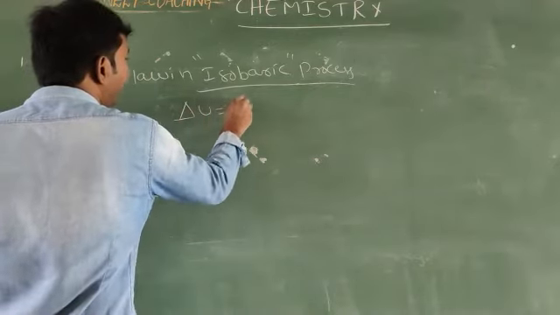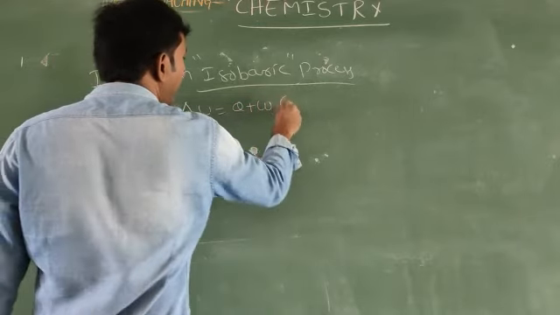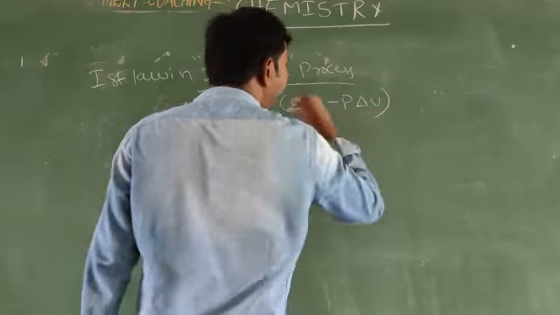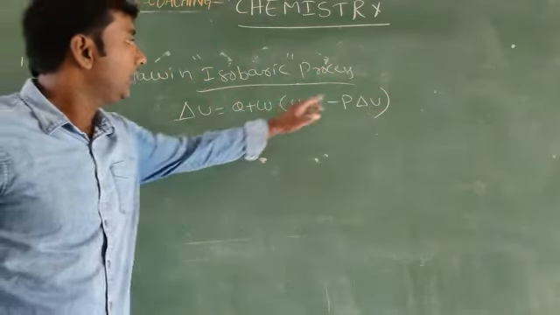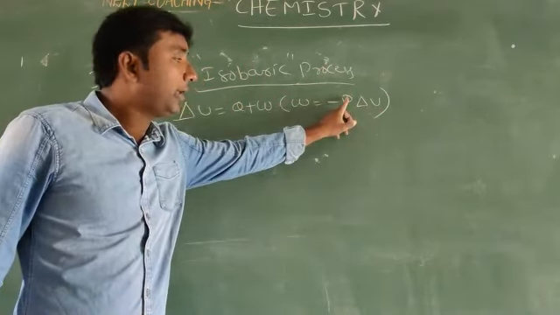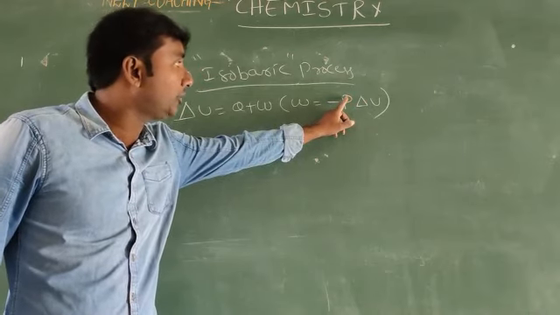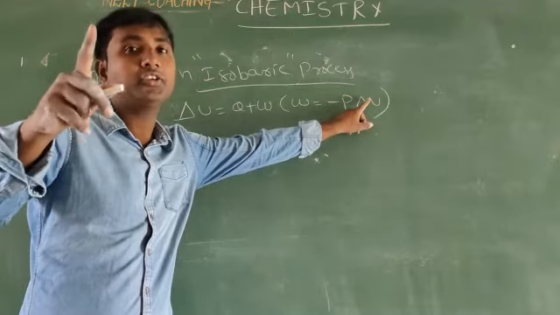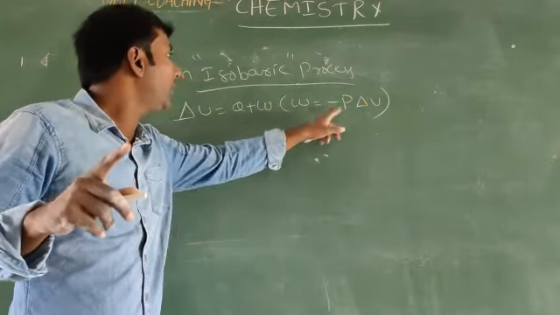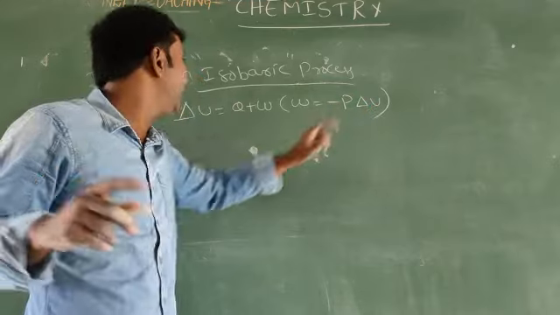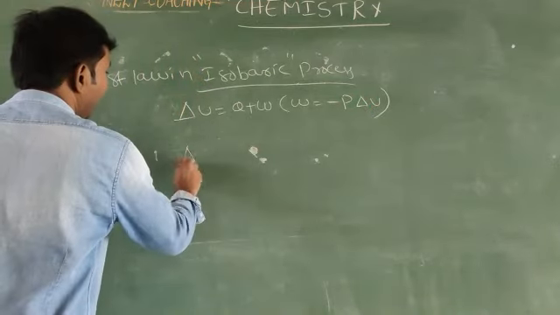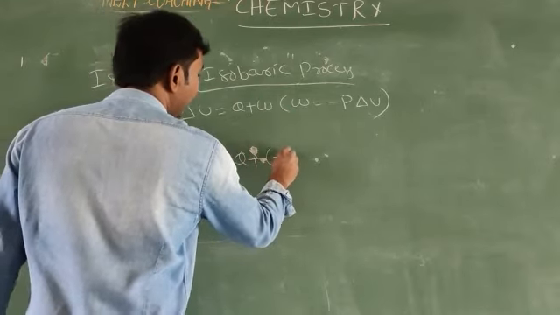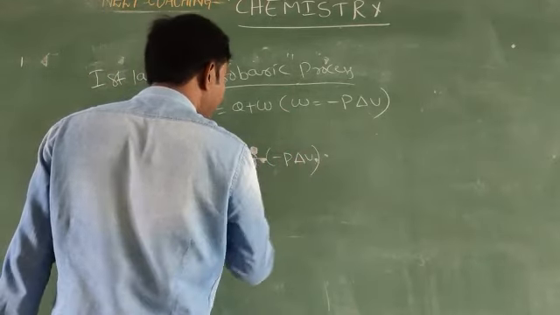Del U equals Q plus W. Here W equals minus P del V. Listen: there is no change in pressure, only the volume changes. Remember, W equals minus P del V. Now del U equals Q plus minus P del V.